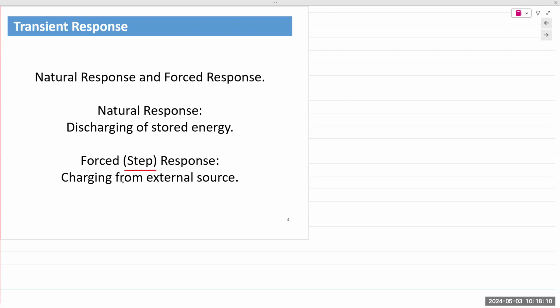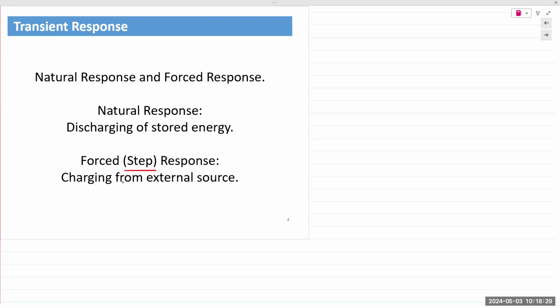Okay, you're connecting a source, which is what we have seen so far. We see resistive circuits where we connect a voltage source or a current source. That voltage source or current source is external to the component, right? It's not part of the component. The energy is being supplied externally. That is what we have seen.